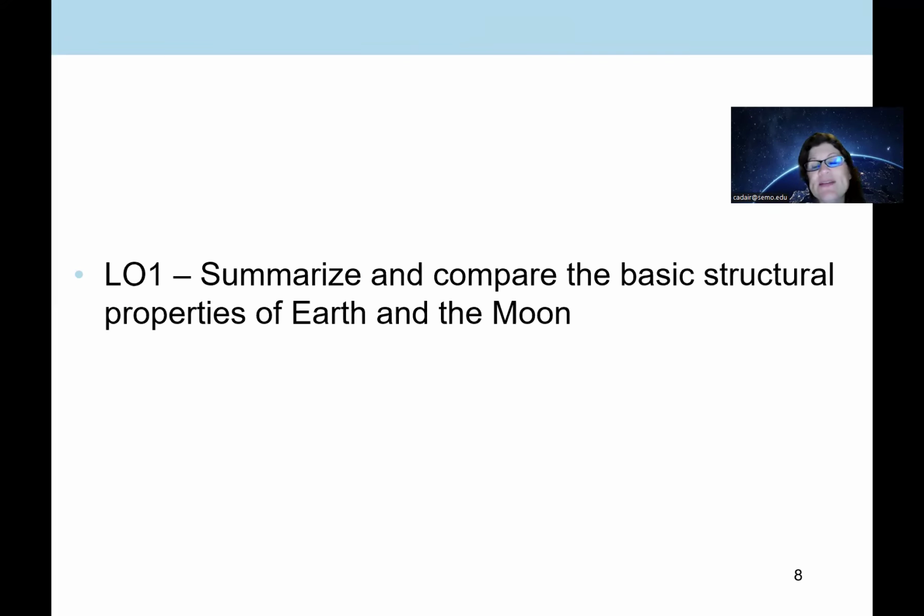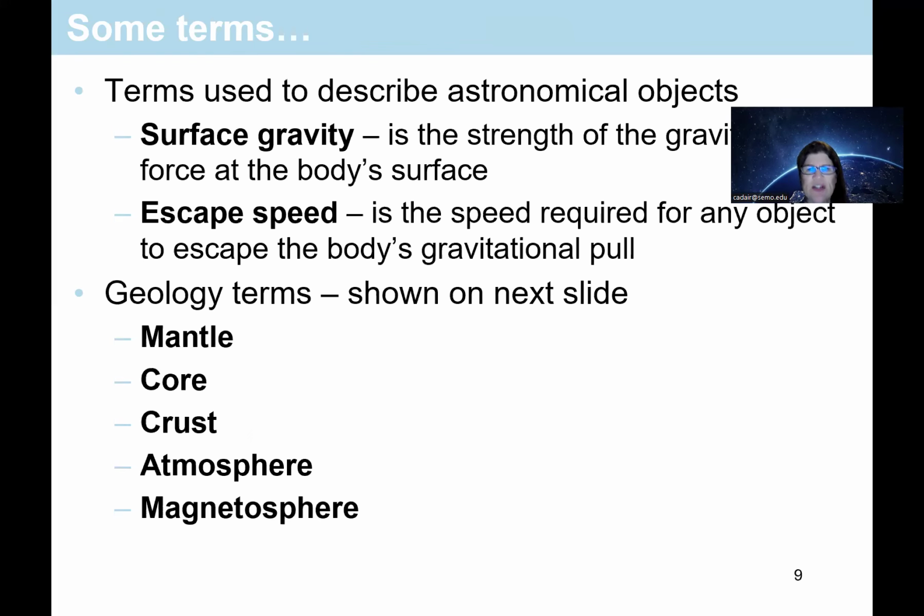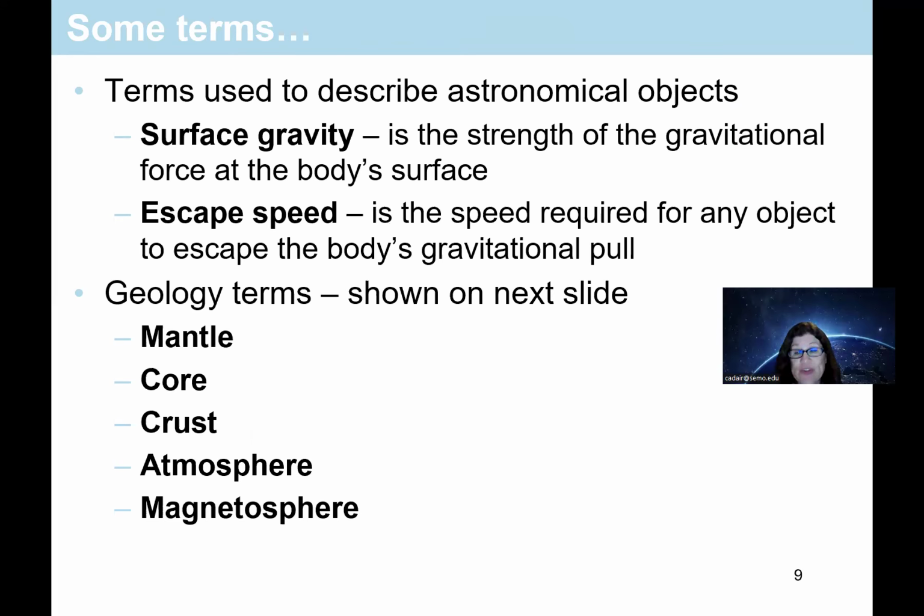So we're going to summarize the structural properties of the Earth and the Moon. We have some terms that we use to discuss planets and moons. Surface gravity is the strength of the gravitational force at the body's surface. Escape speed is related to surface gravity.